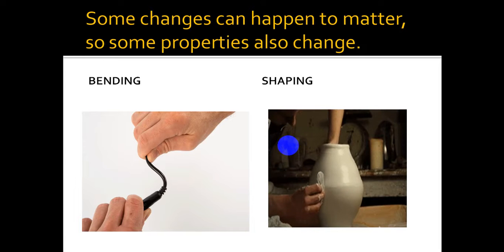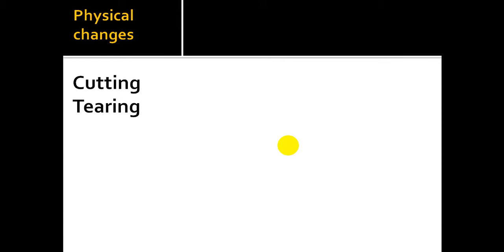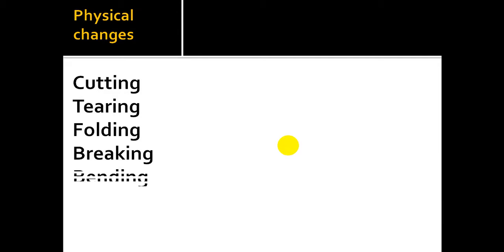The same substance doesn't change. It's still here. So shaping also is a physical change. Physical changes again are like cutting, tearing, folding, breaking, bending, shaping.